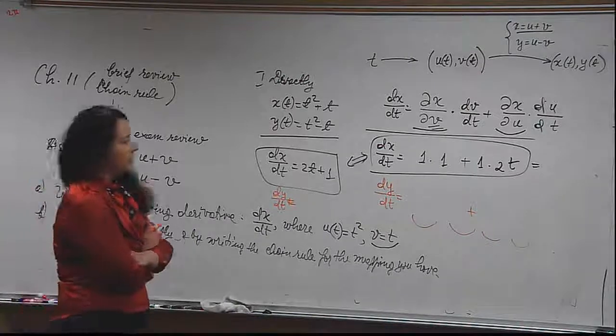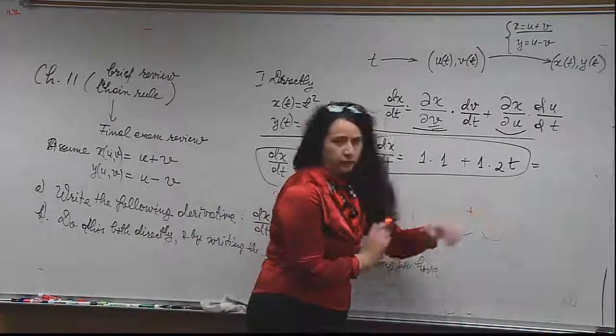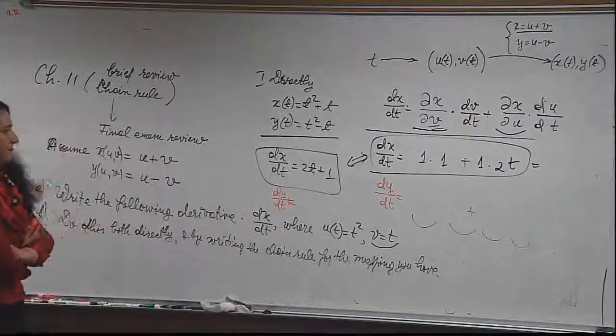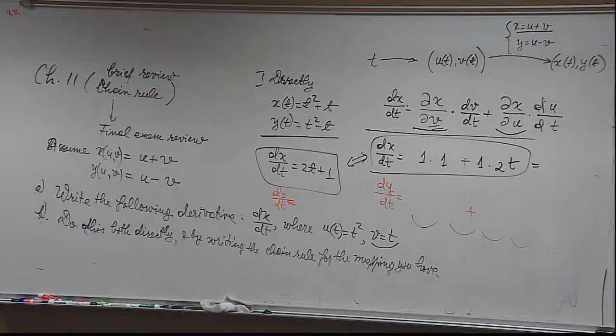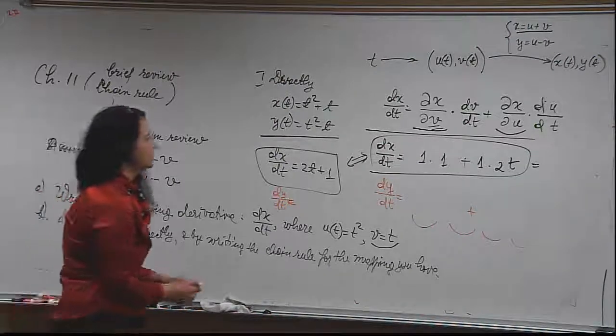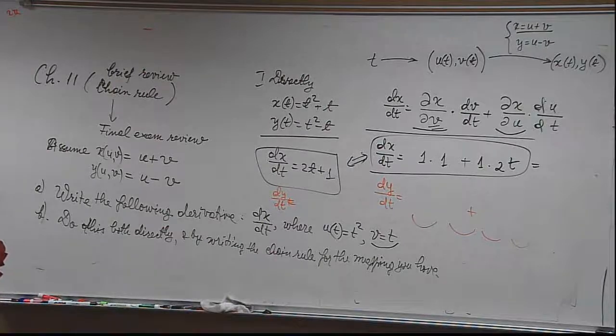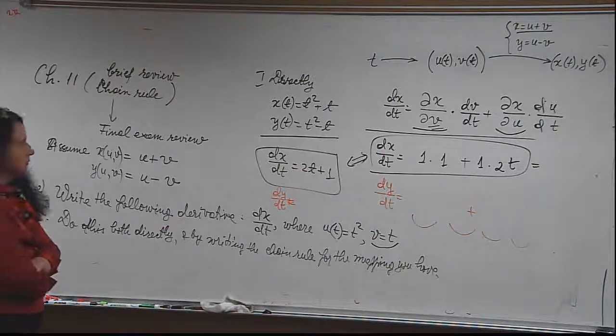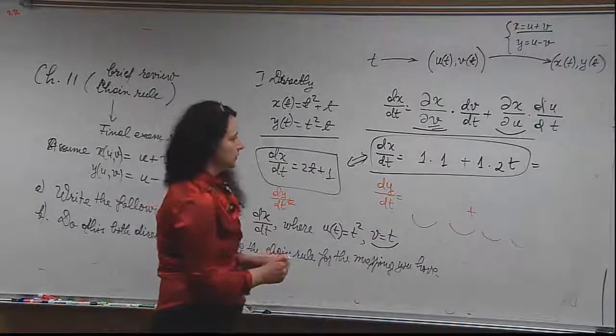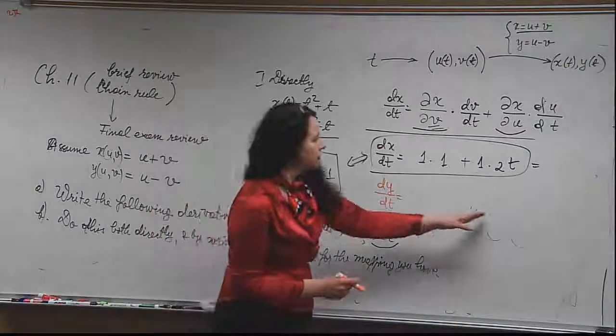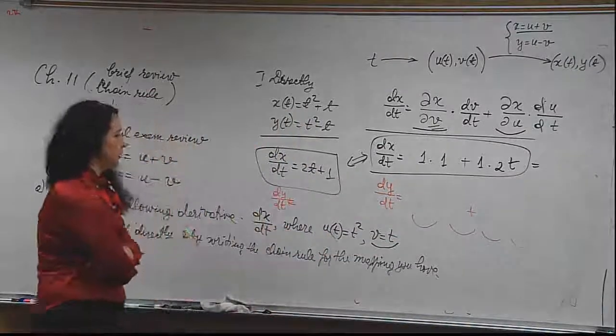What I'm going to write down is what you tell me the numbers are. Oh, for the y? 2t minus 1? Or just give me the final answer.